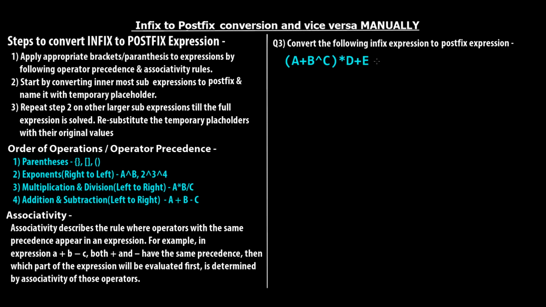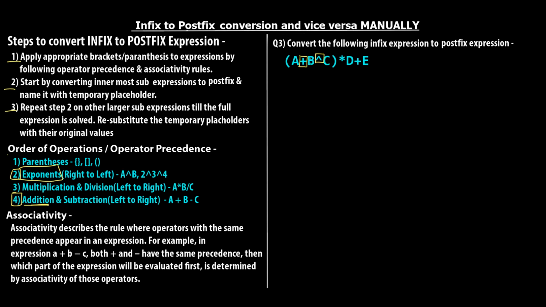Okay, so let's start by converting and applying these steps on this bracket first. So in this bracket we have two operators. We have plus and we have a raised to operator or exponent operator. Now if you see the operator precedence, exponents, that is A raised to B and this caret sign, have much higher value than addition. So it is at precedence second, and addition is at precedence 4.